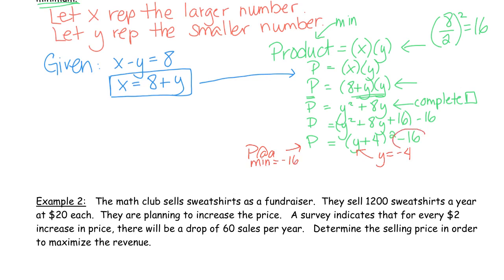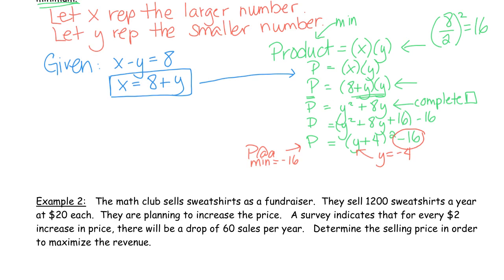The y value over here. I know it's a little bit confusing because we actually have a y as part of this expression. But I'm going to explain it one more time. What this means is that when y is equal to -4, my product is equal to -16. And this is a minimum.